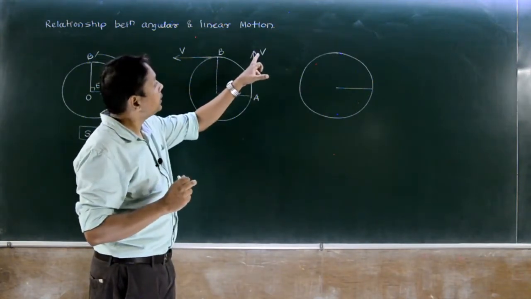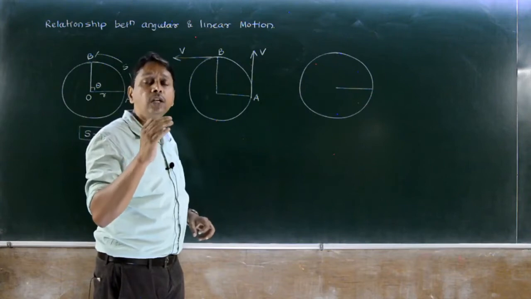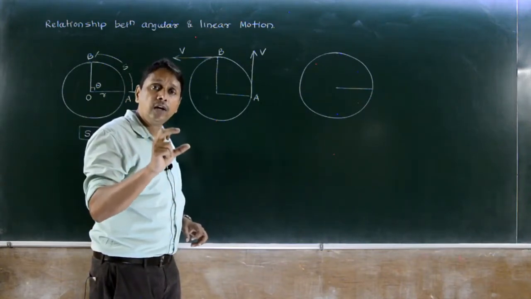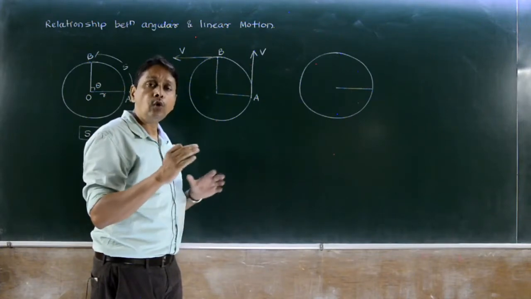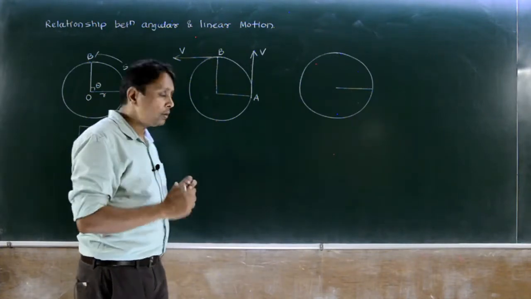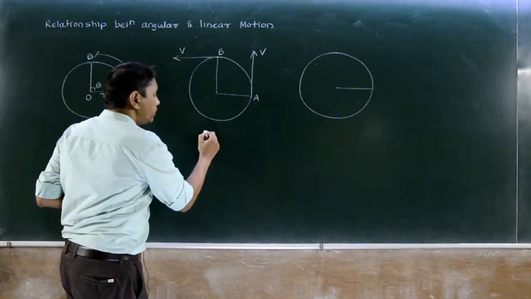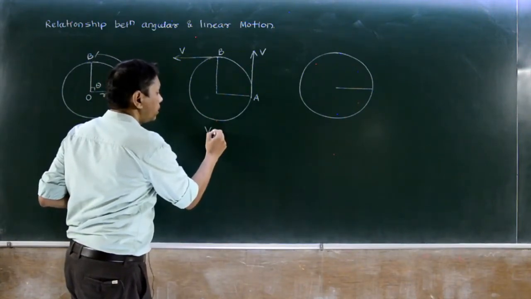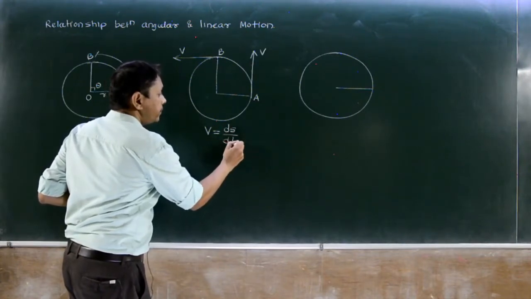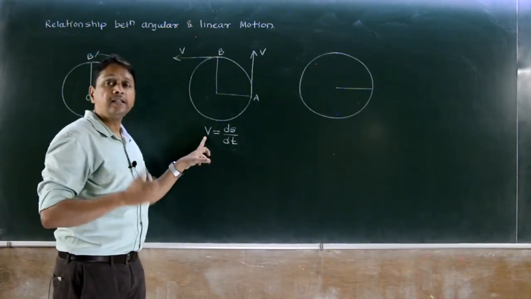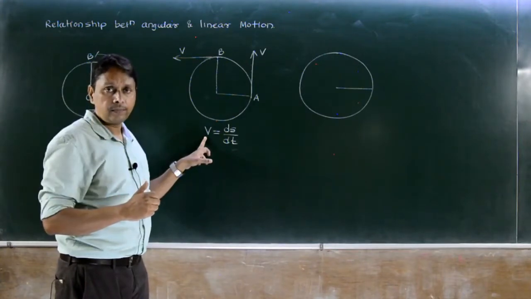So the linear velocity is the tangential velocity, and we want its relation with angular velocity omega. We know that v is equal to ds by dt, velocity being the rate of change of displacement.